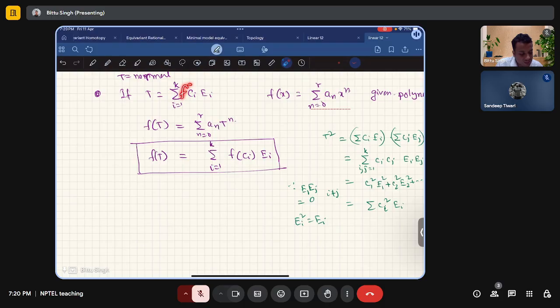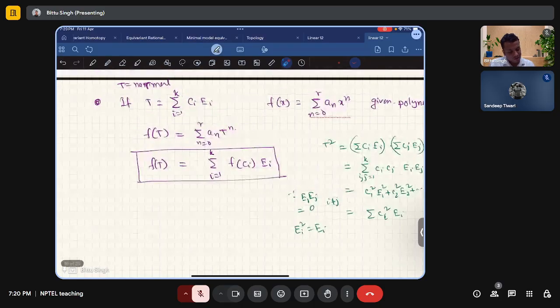Just take f of ci here. So that is what I have written, and that is very easy to check. This is only for degree 2. Now you need to consider T to the power n and just add this combination. You will get this formula. Okay, so this is an interesting thing.